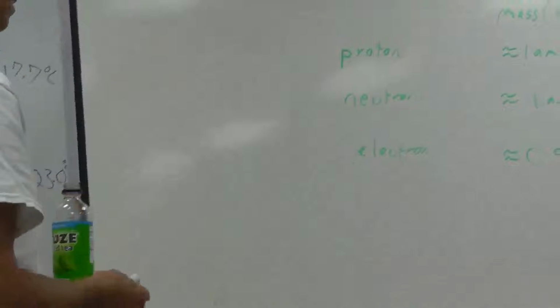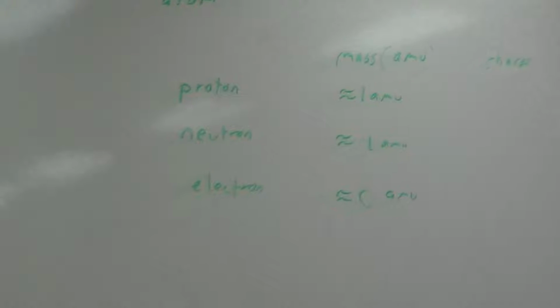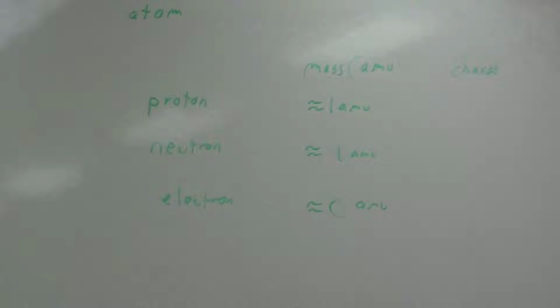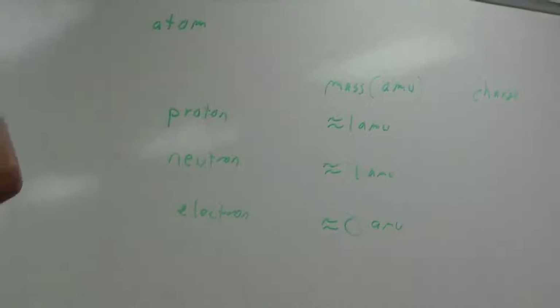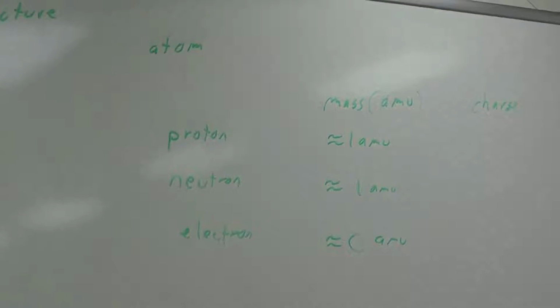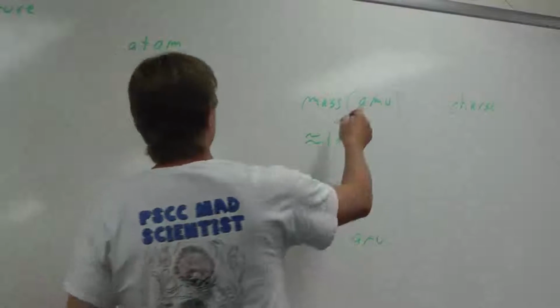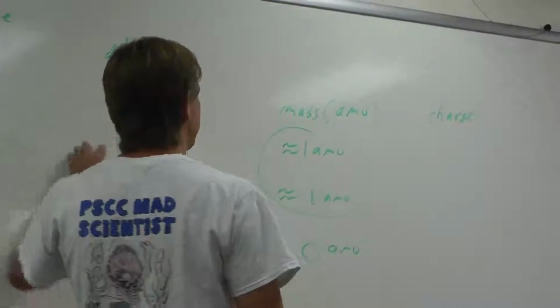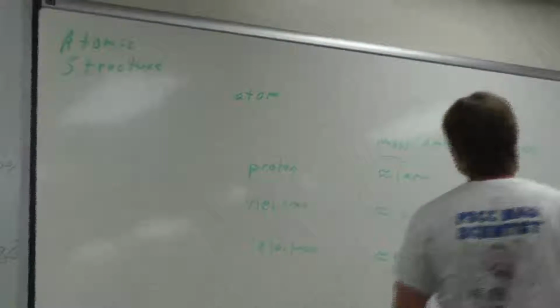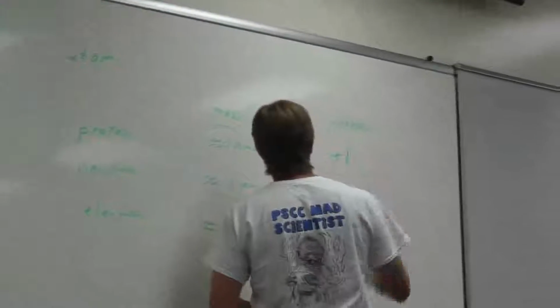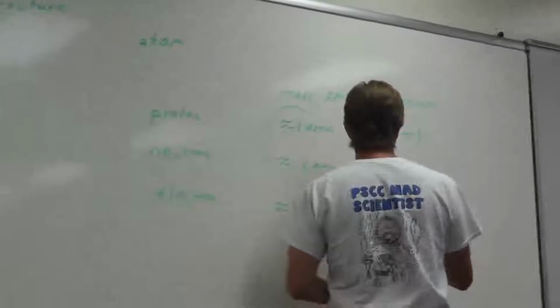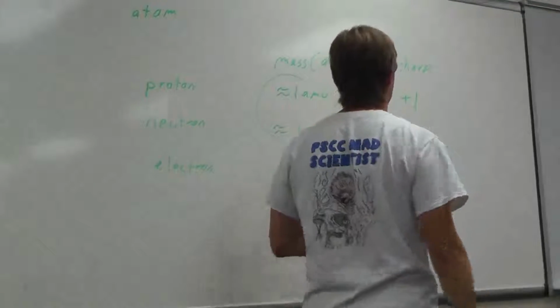And there are no elements out there that have 1,800 electrons, and so we don't have to worry about electrons as far as mass goes. Truthfully, technically, yeah, they do have mass. But it's never a significant amount for us to worry about. The vast majority of the mass comes from these two. Charges: protons have a positive charge, electrons are negative, and neutrons are neutral.